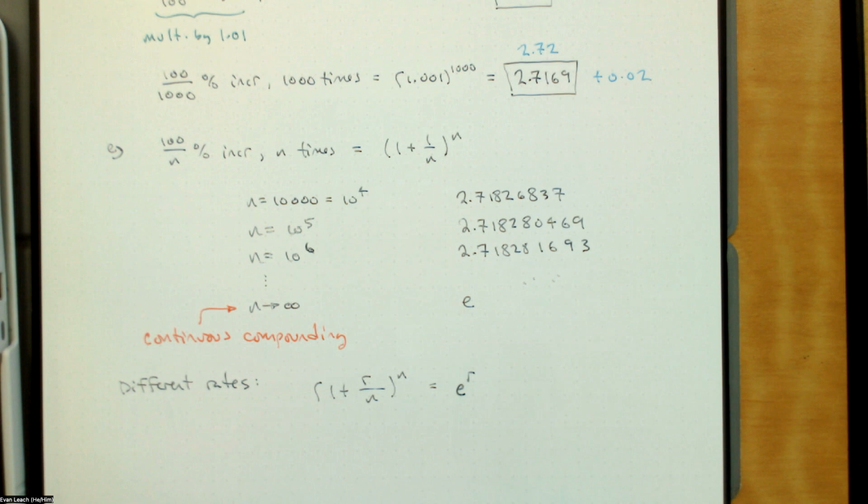So if we had a different value of r, if r was something more reasonable like 10%, then it'd be e to the 0.1.